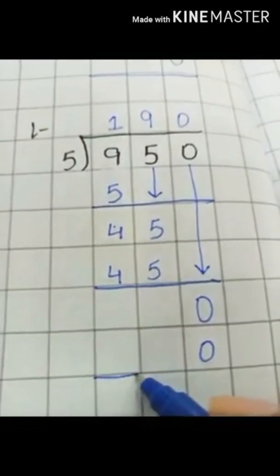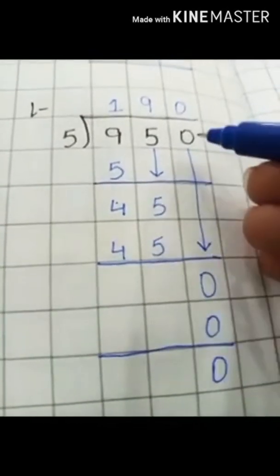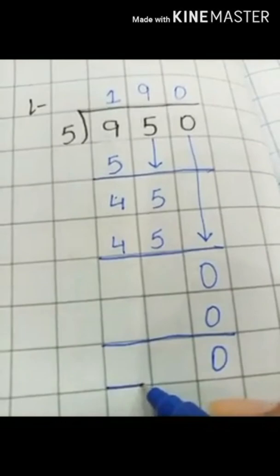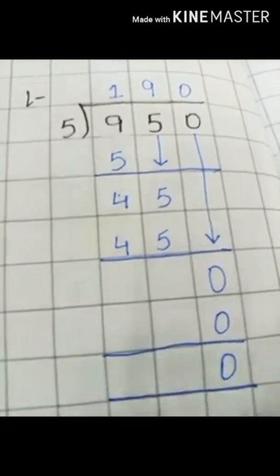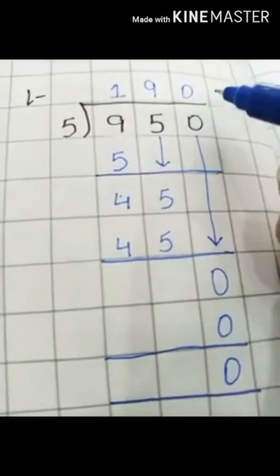I will have to write the 0 beneath this. 5 zeros are 0. And in the next step students, subtraction, 0 minus 0 is 0. Now this 0 is our remainder because we have divided our dividend by our divisor. Okay students, what is our quotient of this question? The quotient of this question is 190.